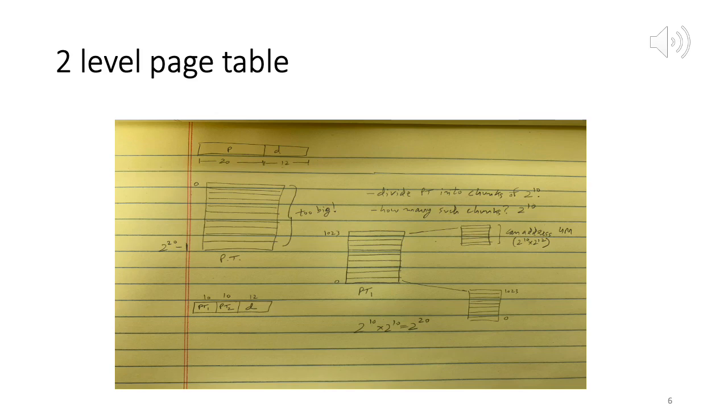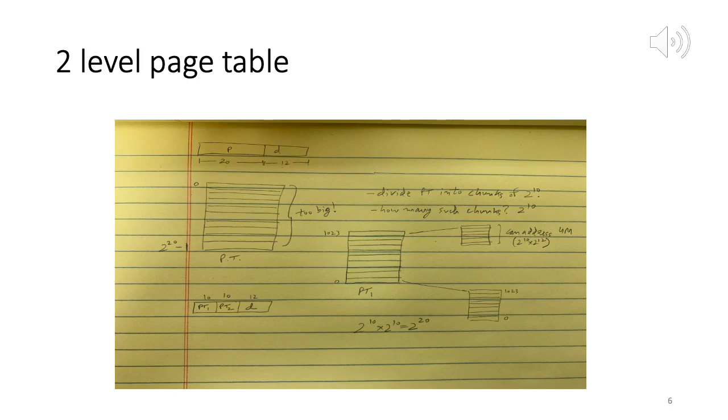So each of these inner page tables can address 4 MB of memory. We have 2 raised to 10 of these, so they can address 4 gigabytes. That's how the calculation will come. Once again, each inner page table can address 4 megabytes because each entry corresponds to one page, one frame, of size 4 KB, 2 raised to 12, and there are 2 raised to 10 such entries.